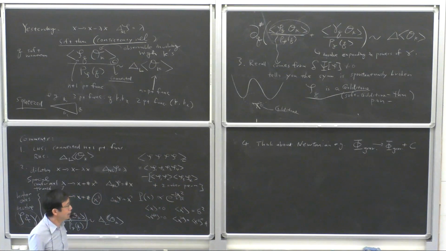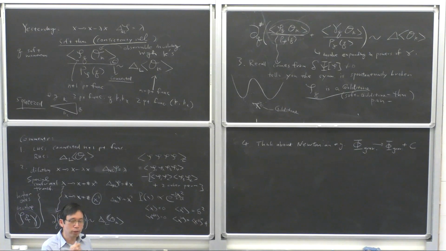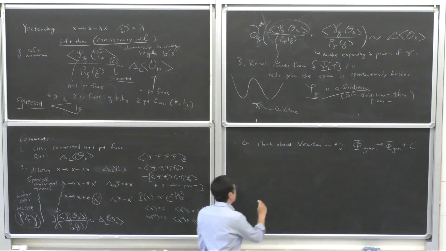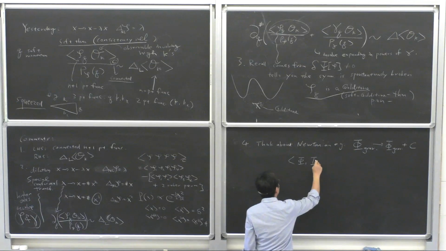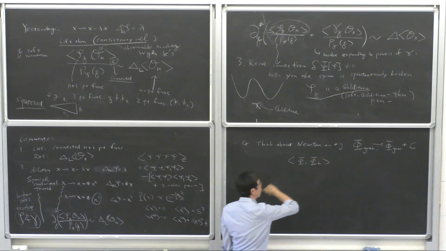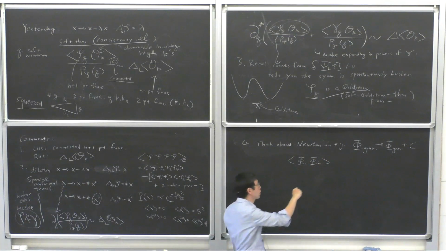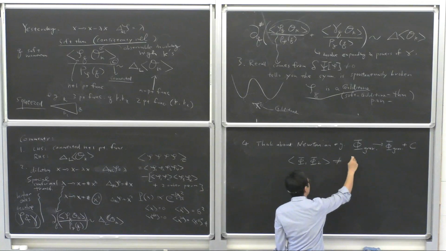And the fact that it looks like this symmetry is also non-linearly realized tells you there's some sense in which you can think of the Newtonian gravitational potential as a Goldstone. You see what I mean? It's like a Goldstone. And in fact, as we discussed, the correct statement about correlation functions that involve the gravitational potential is not that they are invariant under shift.